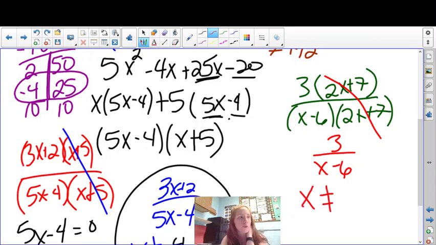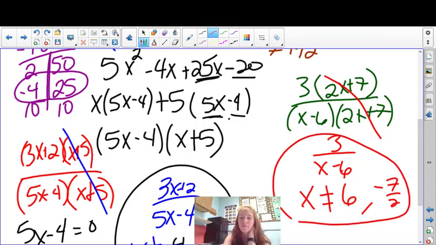X cannot be equal to 6, which would cause the denominator to be 0, and then negative 7 halves would be the answer there.